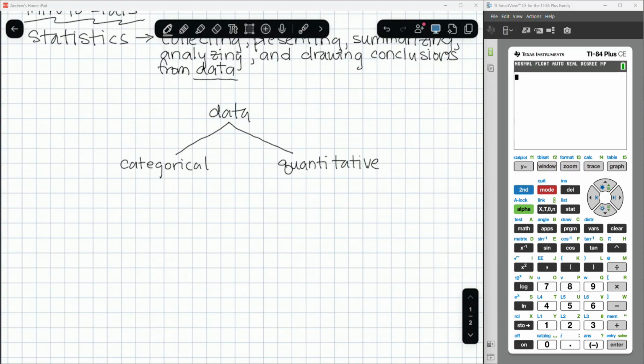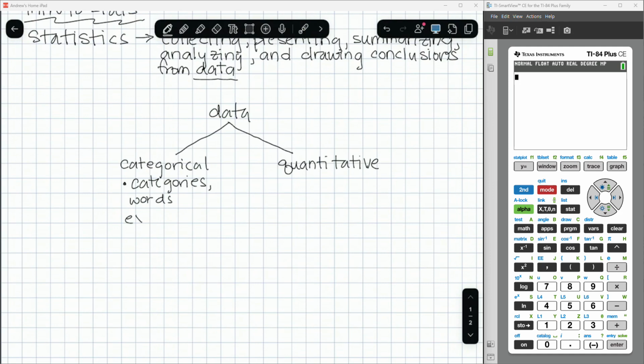Categorical is kind of what it sounds like. It has to do with categories. If you're asking people in a survey questions that require a word answer, that's probably categorical data.